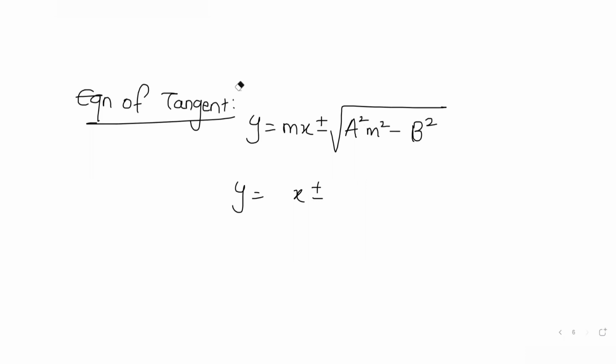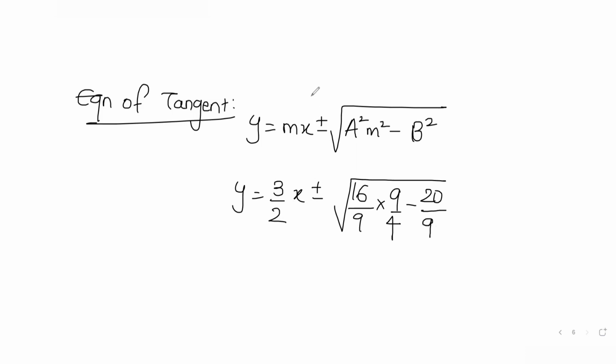So if I substitute that value 3 by 2, root of a square, A square I already know it is 16 by 9, m square, so 3 by 2 the whole square is 9 by 4, minus b square, that is also known to us, 20 by 9.